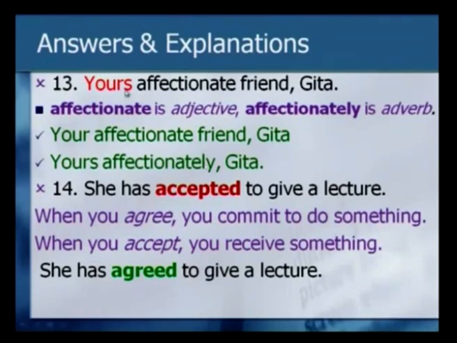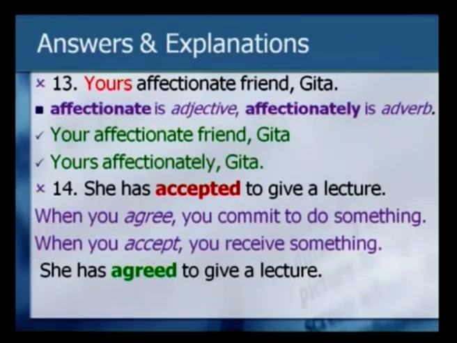So, you cannot say "yours" with "affectionate." Look at the next explanation. She has accepted to give a lecture. Now, again it is with regard to wrong usage. What is wrong here? When you accept, actually you receive something.